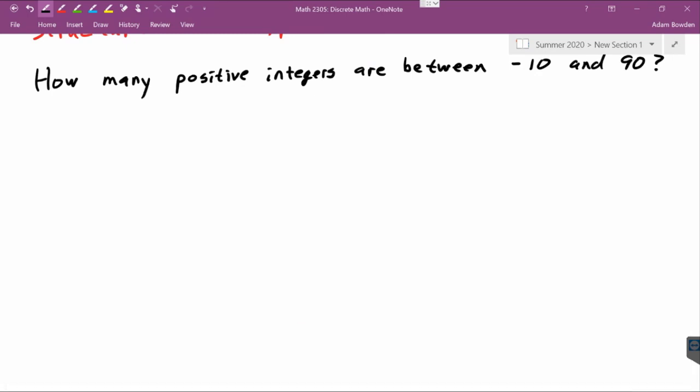Now with that in mind, let's look at how to count the number of positive integers between -10 and 90. Still not a terribly involved type of problem, but does it fit within the same reasoning that we had up above? It does turn out to be that way. However, when looking at the statement that we had up above, we don't actually have anything about negative integers, but just positive integers.